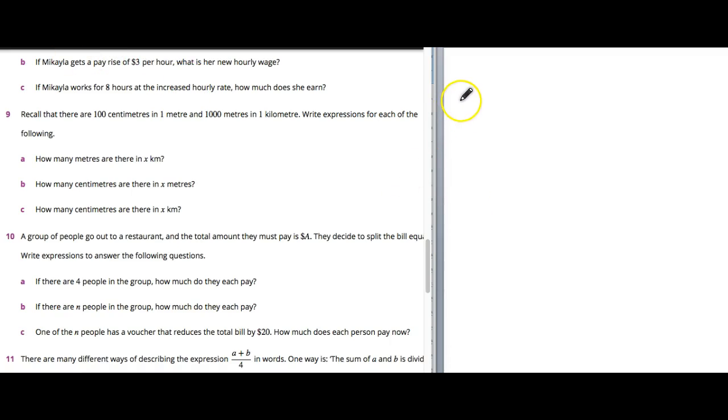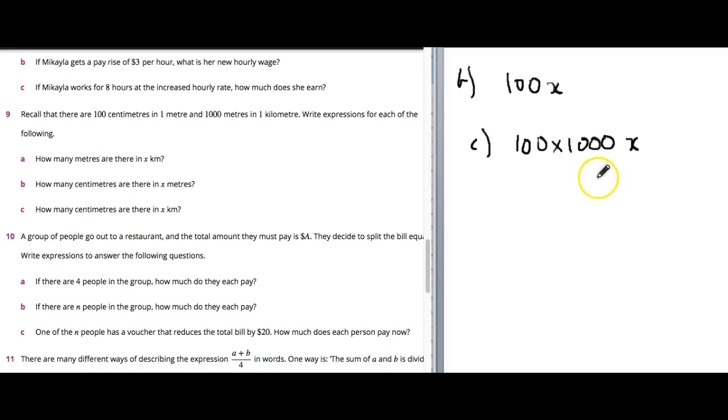All right, moving on to question B. How many centimetres are there in X metres? So there's 100 centimetres in a metre, so it's going to be 100x. How many centimetres are there in X kilometres? Okay, so we've got 100 centimetres per metre and 1,000 metres in a kilometre.